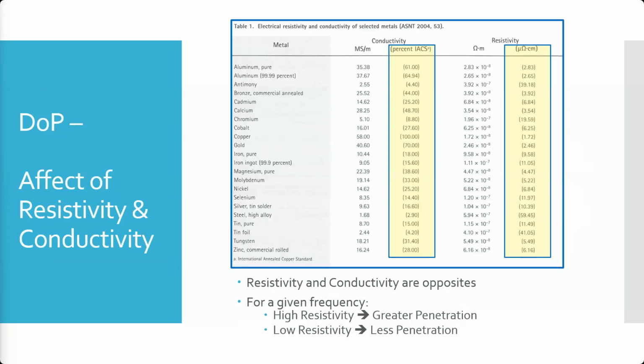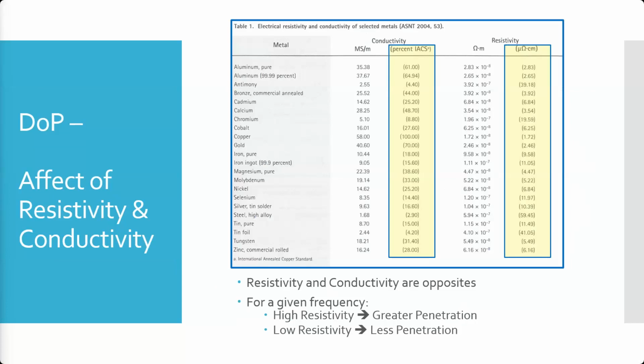It's based on copper as a standard. If you say copper is 100% conductive, it's the most conductive material, right? Aluminum, 61% of that. Something down here like high alloy steel is only 2.9% of that. This is basically a 100% scale from not conductive, which is a resistor, all the way up to fully conductive.